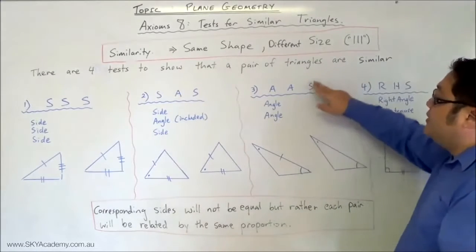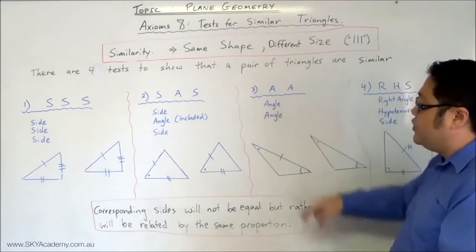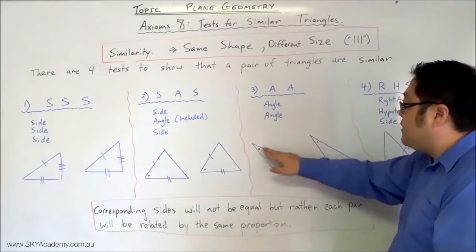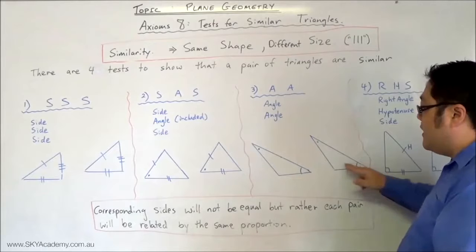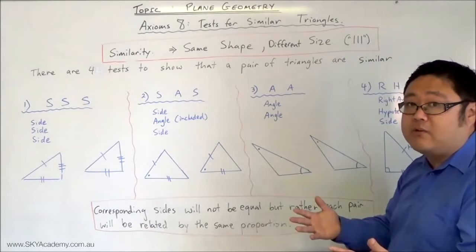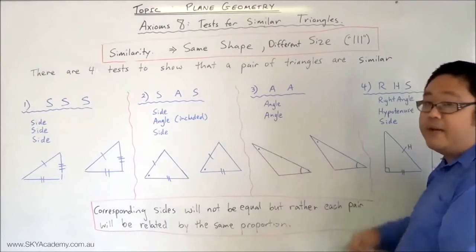For the AAS, you won't have the S side, you can just have two angles being equal. So if this angle is equal to this angle and this angle is equal to this angle, then by the fact that the angle sum of a triangle is equal to 180 degrees, we know that the third angle has to also be equal.